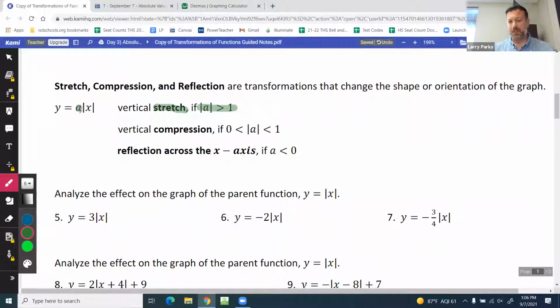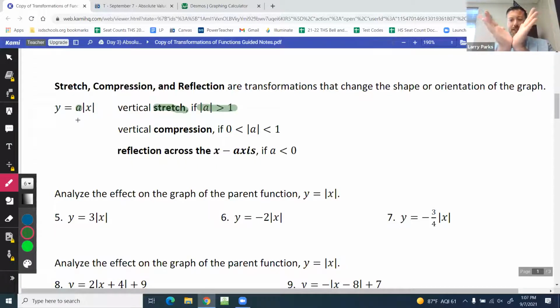So if I put a 2 there, a 3 there, a 4 there, a 5 there, or even -2, -3, -4, any number there that's bigger than 1 in absolute value, it's going to stretch it.